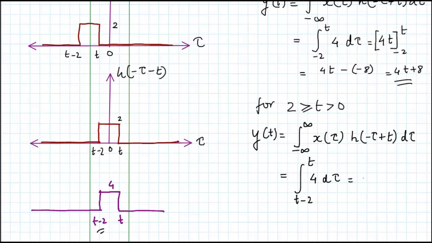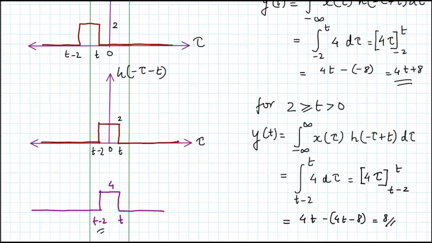From that we know that basically we will get 4 tau, sorry, it should be tau, with the limit t minus 2 to t, which basically we will get 4t minus 4t minus 8, correct, which comes out to be plus 8.